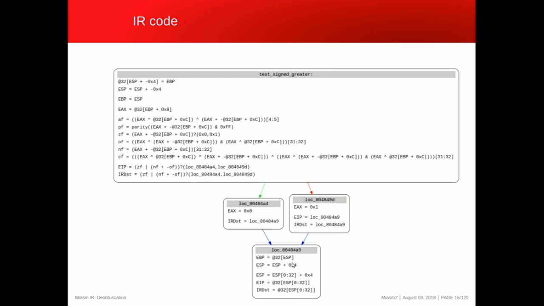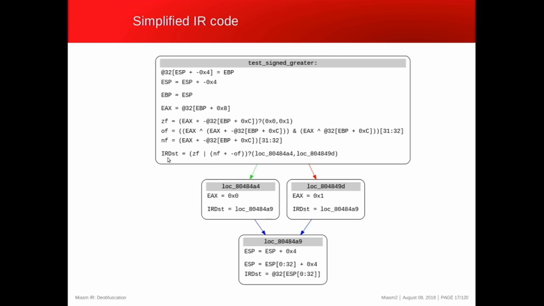So the computation of the carry flag here is not used anymore, and you can see that this computation is not needed, so we can remove it. If we pass this simplification here, we will have this code, which is a bit simpler to read.